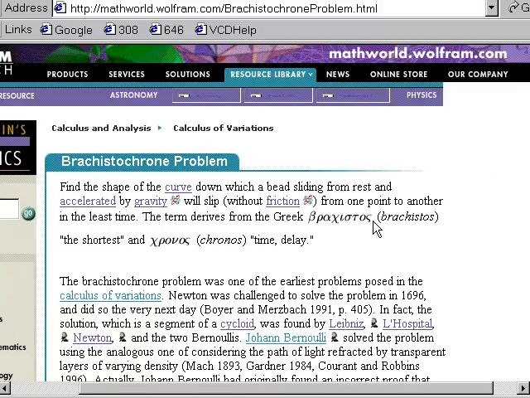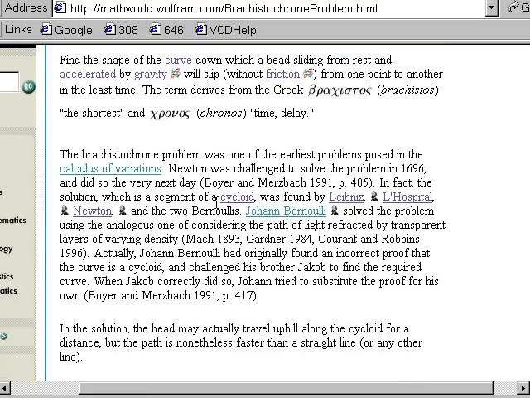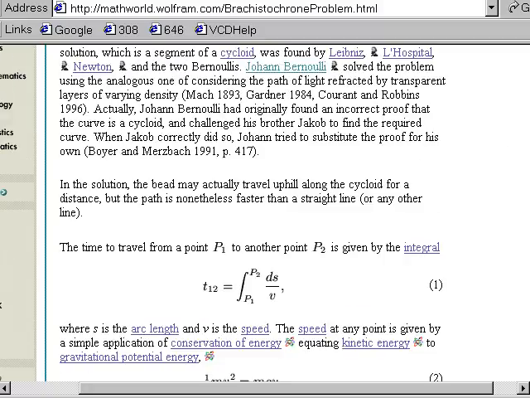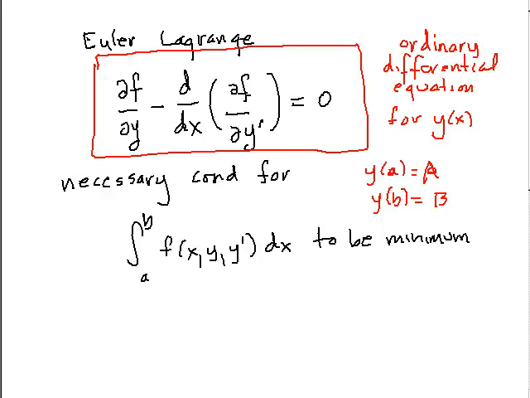The first one is brachistos, that's this word here, and chronos, meaning time. So brachistos means shortest, chronos time. So the brachistochrone problem is find the path of the shortest time between 2 points.